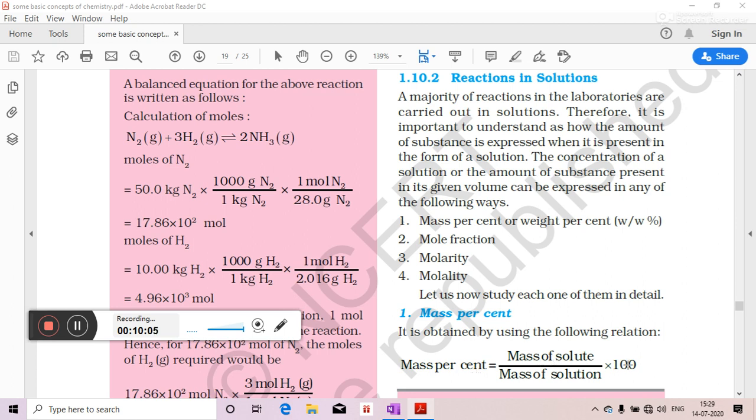So here we have to remember that in the numerator, the mass of solute will be taken in terms of gram, and in the denominator, mass of total solution is taken. That is the mass of solute plus mass of solvent. So that is the mass of solution, that is again taken in gram. So in numerator and denominator, both the masses are taken in terms of gram, and we have to multiply it with 100%.